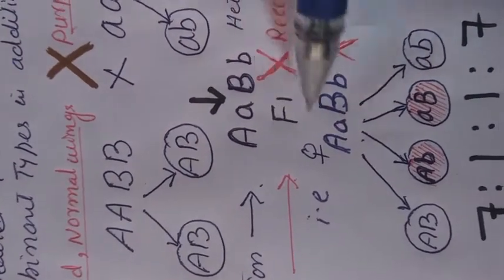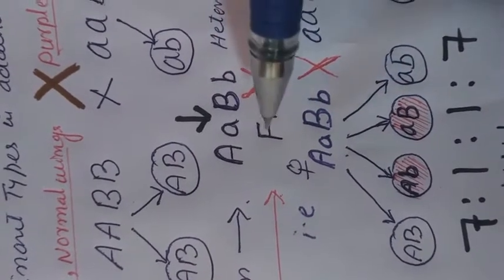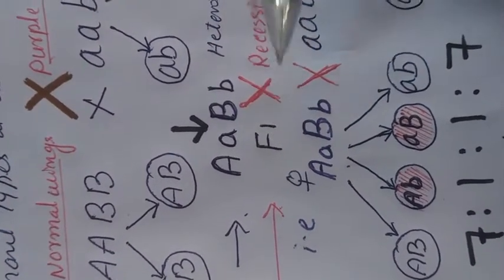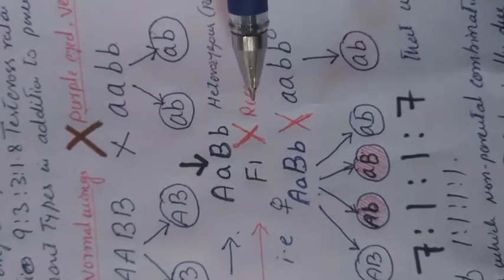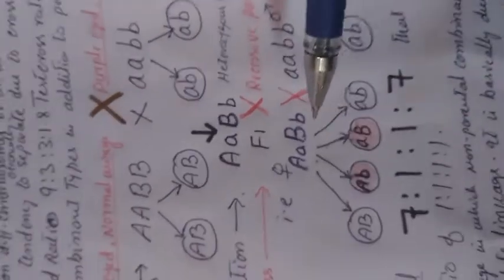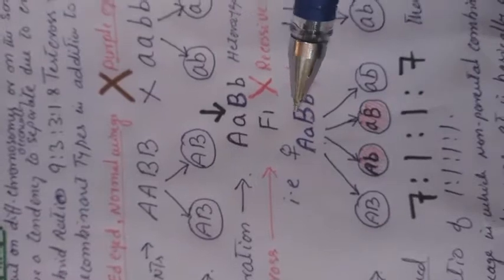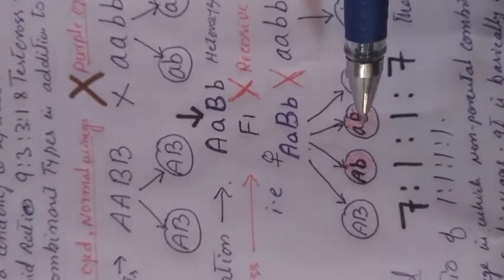Now when F1 female Drosophila are test crossed with the homozygous recessive male, it does not yield the ratio of 1:1:1:1. Instead, the ratio comes out to be 7:1:1:7.